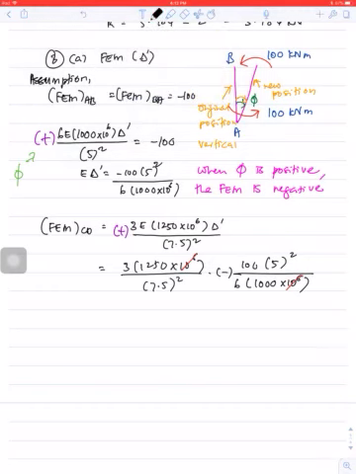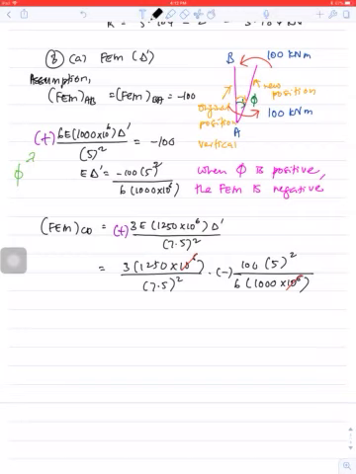We will get 3 times 1250 times 100 times 5 squared divided by 7.5 squared divided by 6,000.